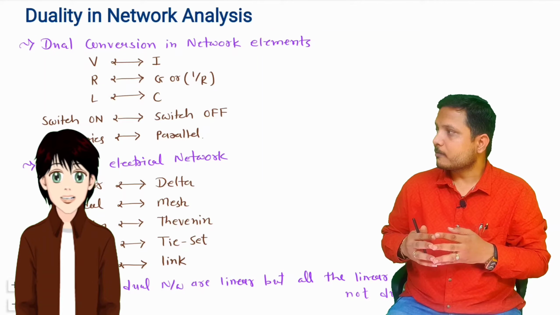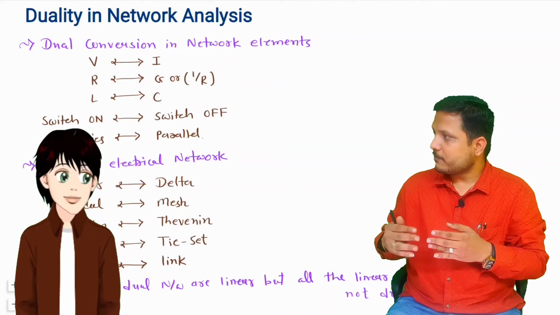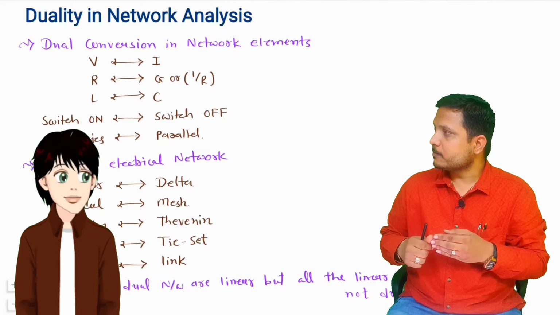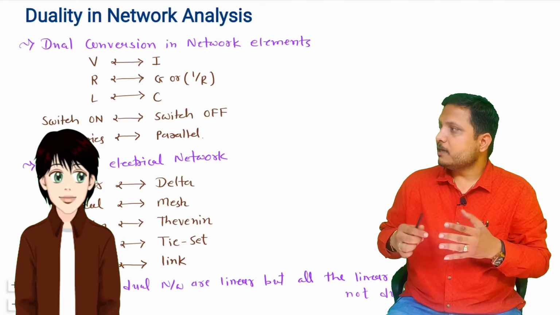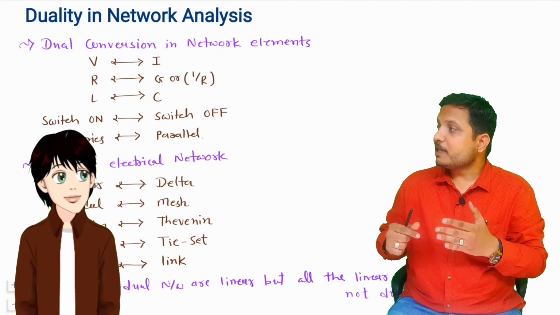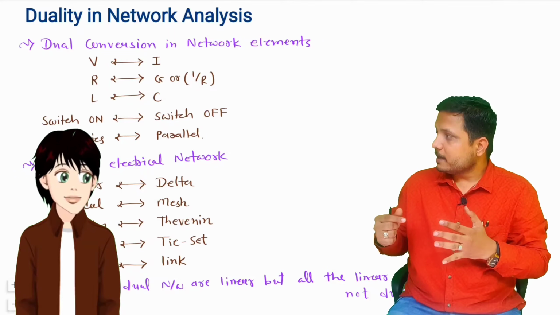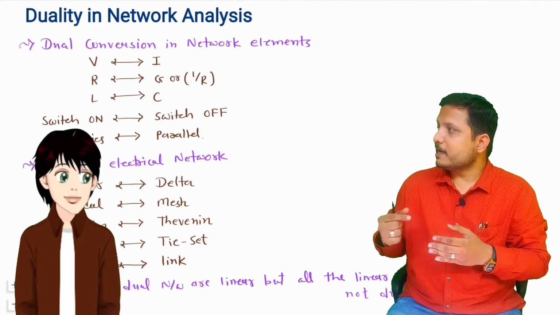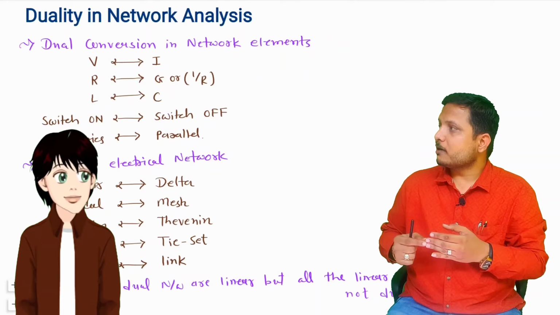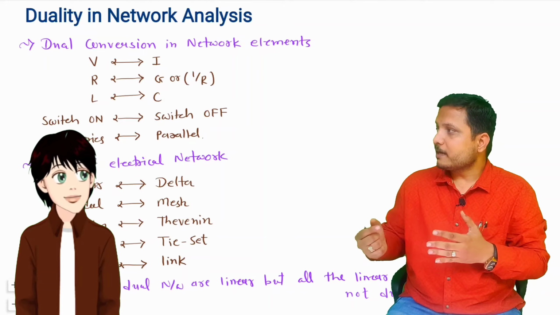Sir, can I ask you one more question? Yes, John. Sir, what is the dual of mutual inductance? See, John, you cannot have a dual of mutual inductance, as it is not considered a linear element.